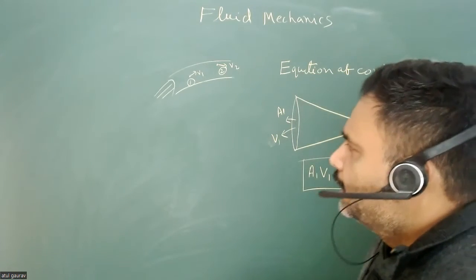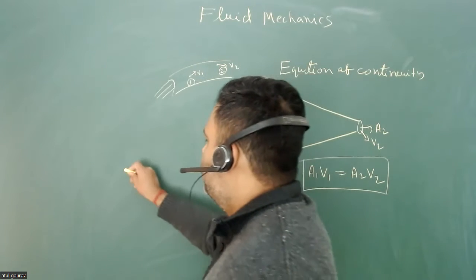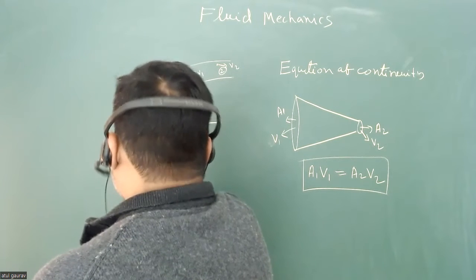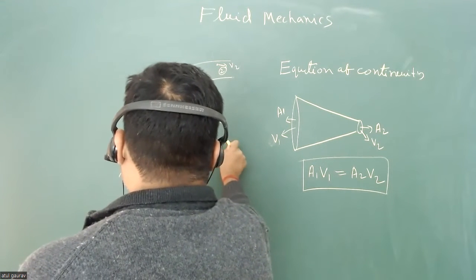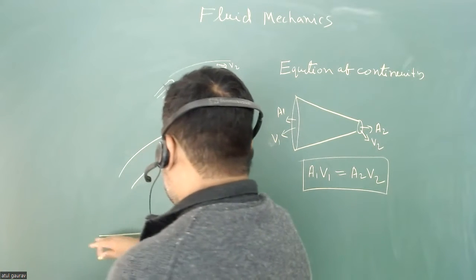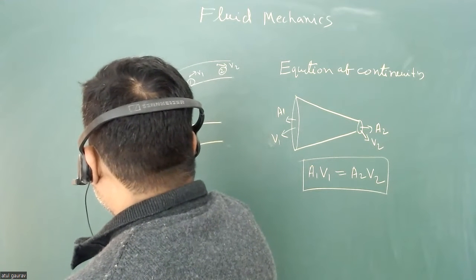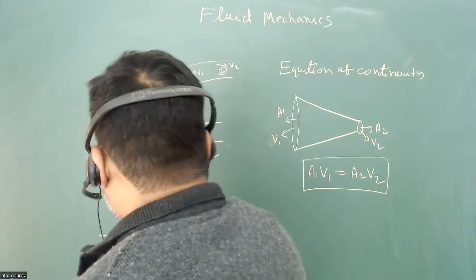Okay, and the second is more interesting. Suppose we have any tube, and this tube has this sort of shape, and we have a reference line. Suppose this is the surface of the earth, and we have one point, let's say point 1, and another point, point 2.